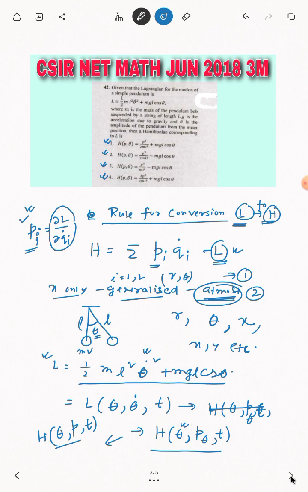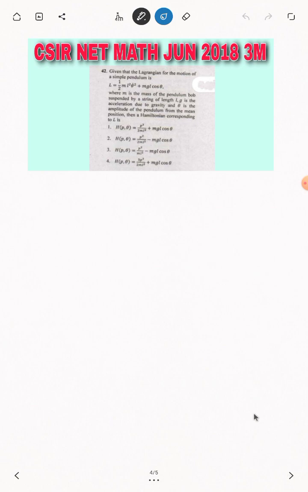Now, first of all, let us take a derivative of L, that means del L by del theta dot, that will be our p, that will be half into ml square into 2 theta dot. Next portion will be 0 because in the quantity ml cos theta there is no theta dot.